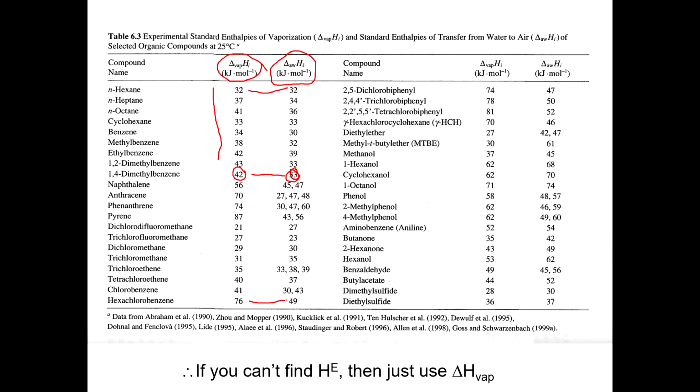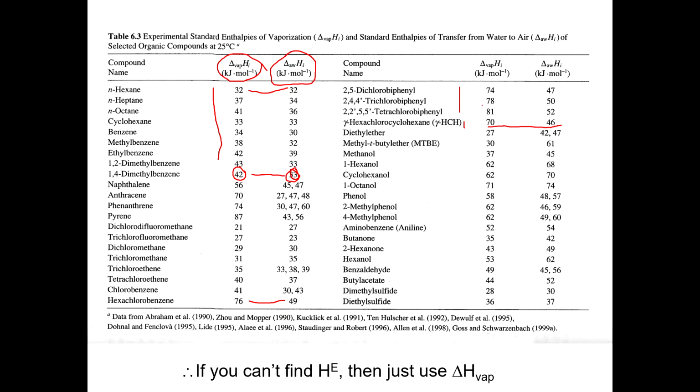So when you get to big molecules, like here's hexachlorobenzene, here you got some PCBs over here, this is lindane, gamma HCH, then the differences start to be significant.